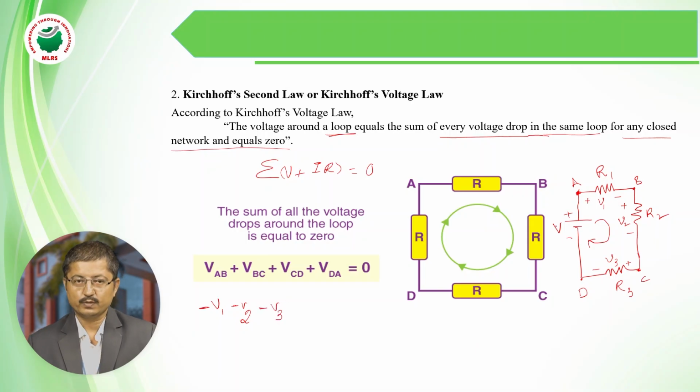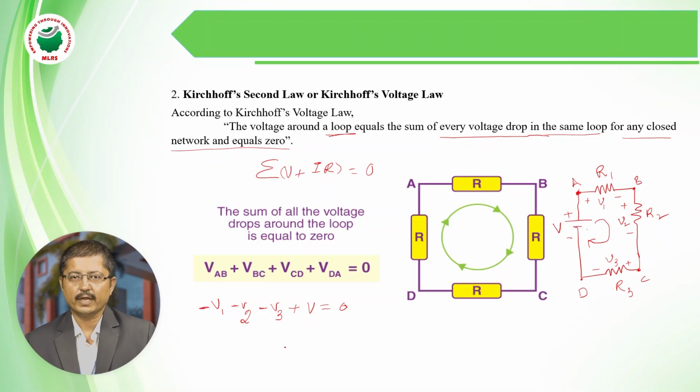At the voltage source, the current enters at the negative terminal and leaves at the positive terminal, so it is a potential rise, and I take it as positive V. So minus V1 minus V2 minus V3 plus V equals 0. This is the algebraic sum of voltages and voltage drops in a closed loop.